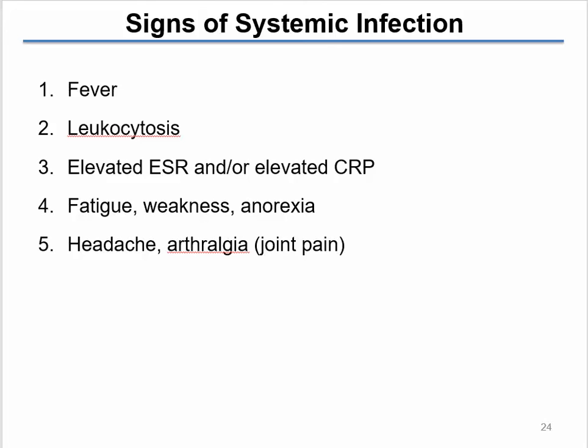Fever, weakness, anorexia, fatigue, headache, joint pain. These are all flu-like symptoms, you'll probably notice. So that's really signs of systemic infection, which are a lot of them the same as the signs of systemic inflammation.